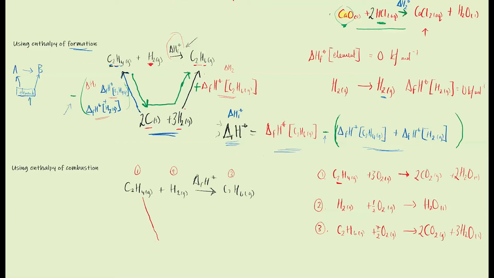This arrow, again, like I said before, I tend to only put single arrows in, but you could put 2 arrows. You could put another arrow in for hydrogen to represent 2. But this arrow here that I've just drawn in represents equation 1, the enthalpy of equation 1 and 2. So it actually represents the enthalpy of combustion of C2H4 gas plus the enthalpy of combustion of hydrogen gas.